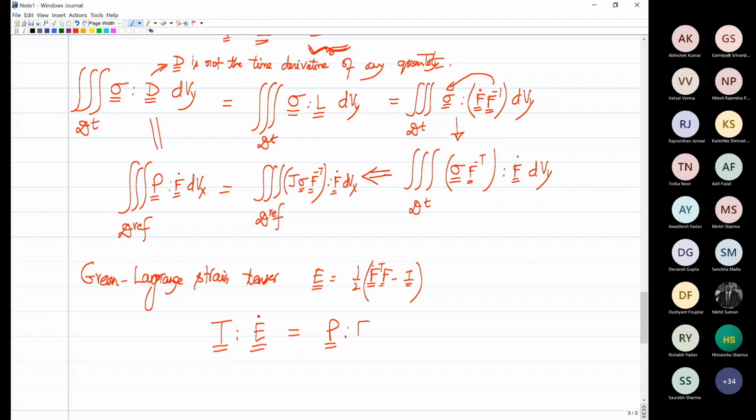Because E is Lagrangian, so T double contraction E dot is like the work done per unit reference volume. So we have to relate it to P double contraction F dot.